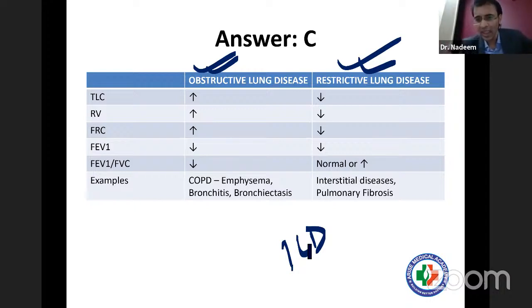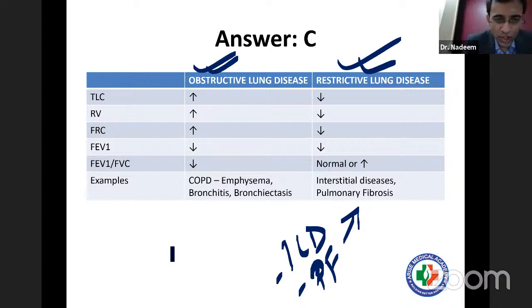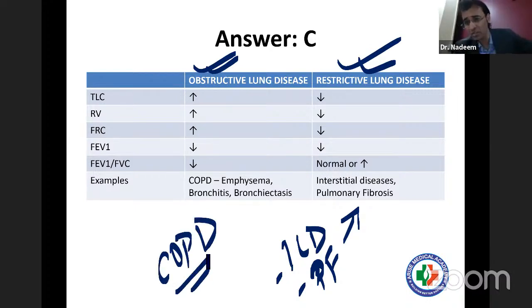And pulmonary fibrosis, these are restrictive lung diseases. When I talk about COPD, asthma, bronchitis, and bronchiectasis, these are obstructive lung diseases. But since I have to speak about pulmonary fibrosis, let's talk about restrictive lung disease.